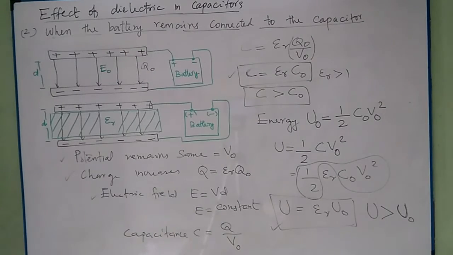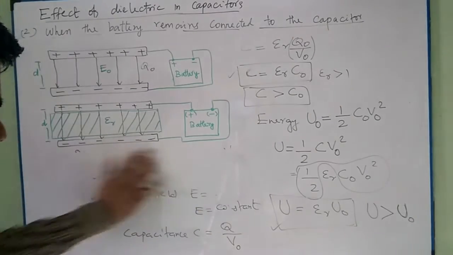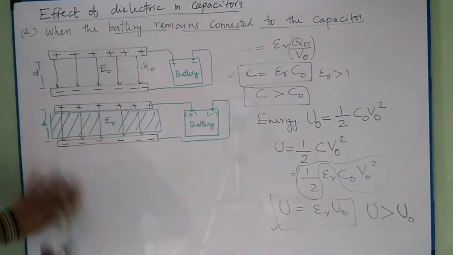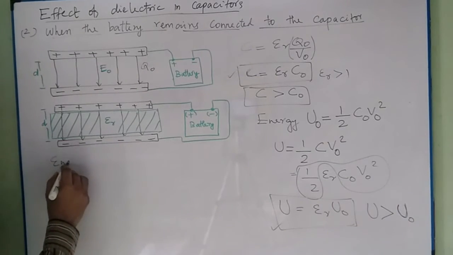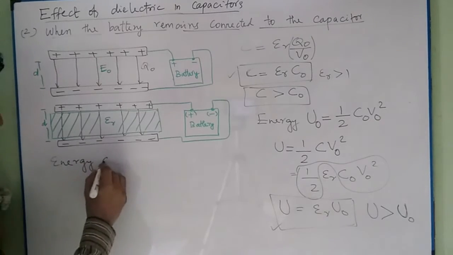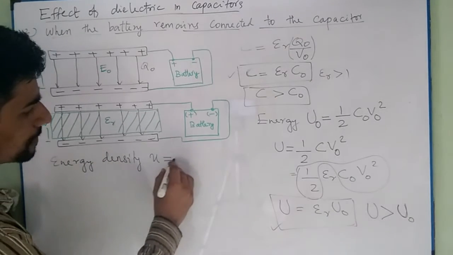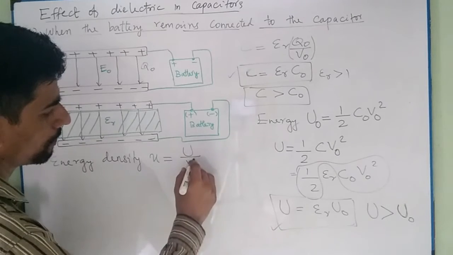Okay, now what happens to the energy density? Energy density is nothing but energy per volume. So energy density, small u, is equal to capital U divided by volume.